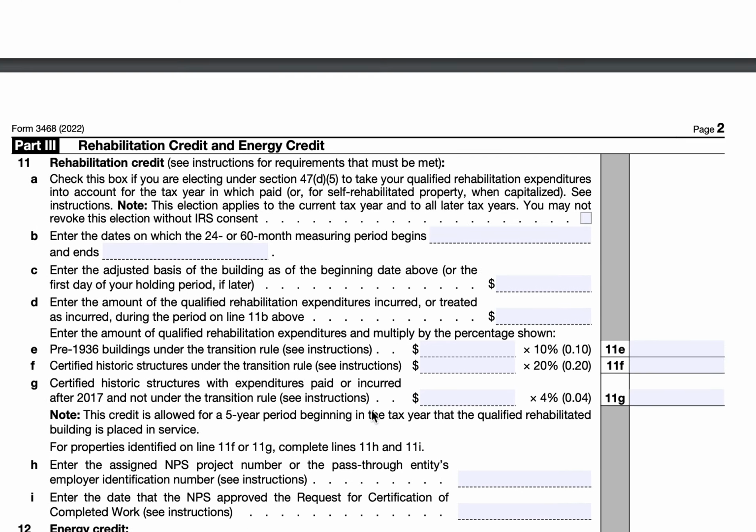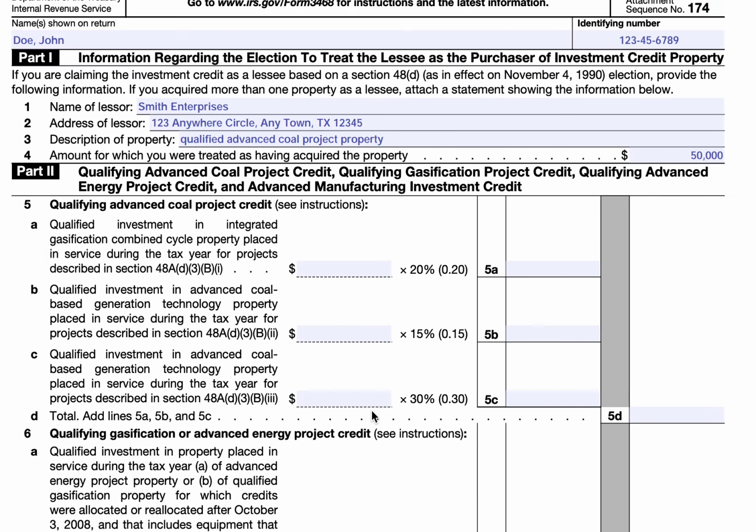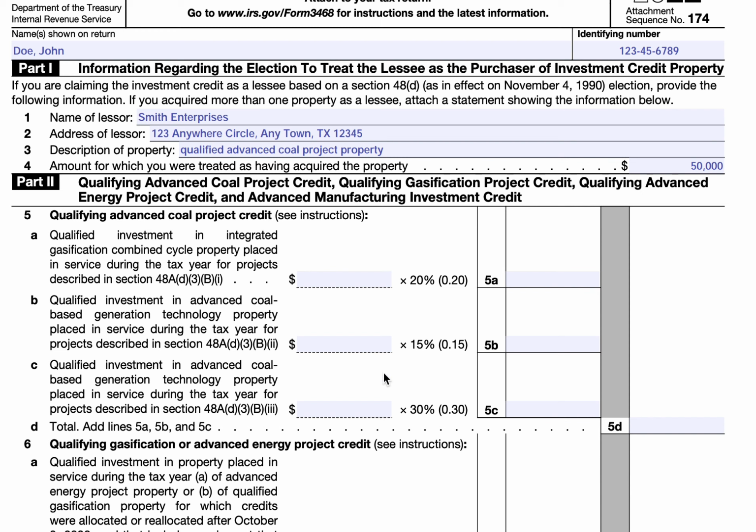So it's highly unlikely that you're going to use all of these, but we will walk through each of these in step-by-step order. So starting with a qualifying advanced coal project credit.